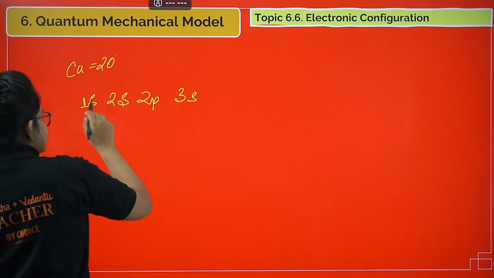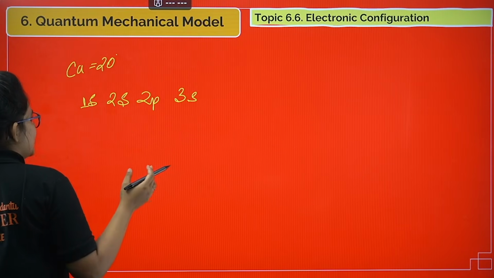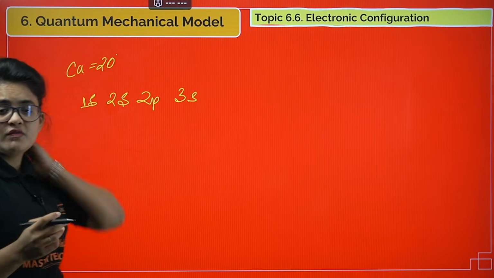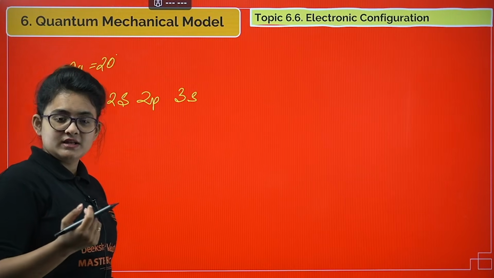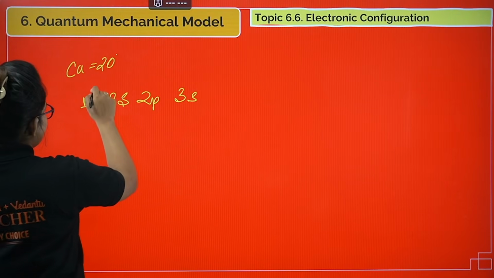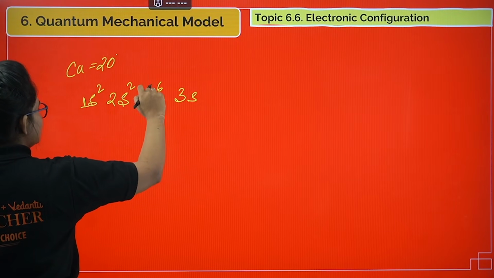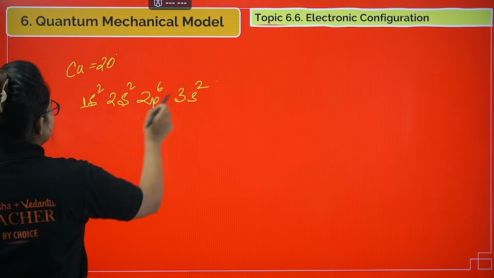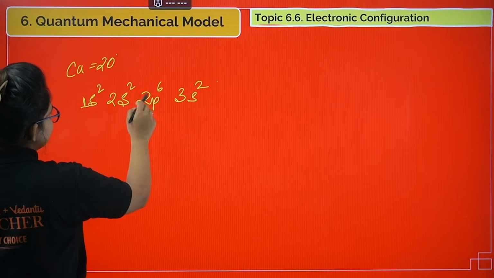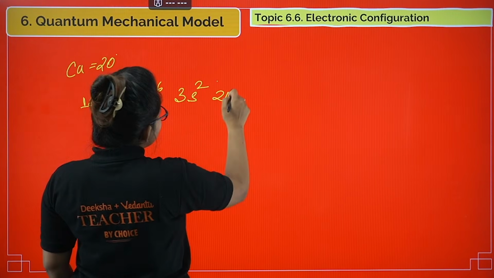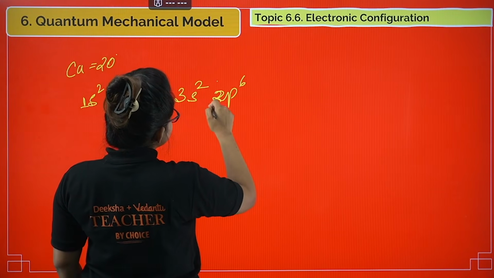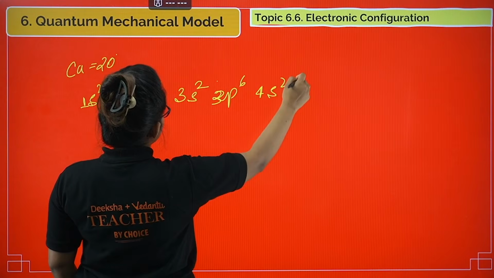S can have a maximum of 2 electrons, P can have 6, D can have 10, and F can have 14. Keeping this in mind: 1s2, 2s2, 2p6, that is 10 electrons in total, then 3s2, 3p6, then 4s2.